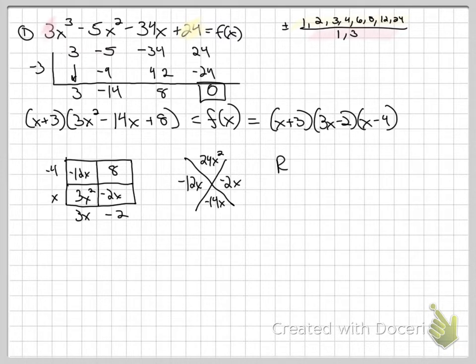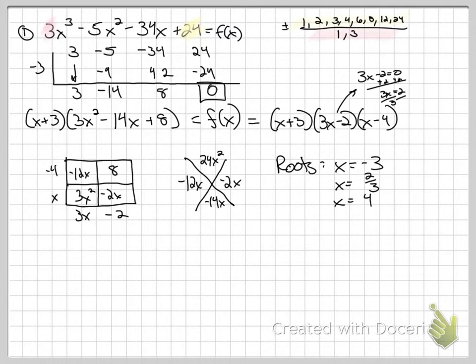Zero product property now gives me roots of x equals -3, x equals 2 over 3, I'll show you that, and x equals 4. 3x minus 2 equals 0, add the 2. 3x equals 2, divide by 3, that's how I got 2 over 3. These all have multiplicity of 1 because I only got the answer once.